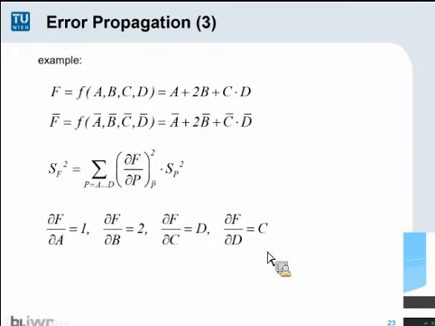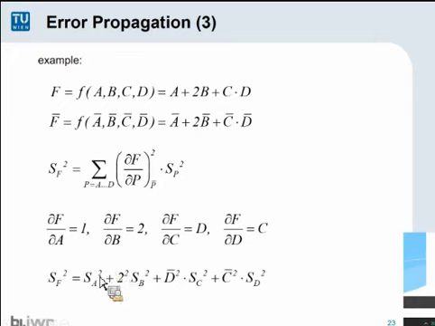And the only thing that you need to do now is take these computed values and multiply them with the square of the standard deviation of the variable. So that means 1 squared times SA squared plus 2 squared times SB squared plus D squared times SC squared plus C squared times SD squared.